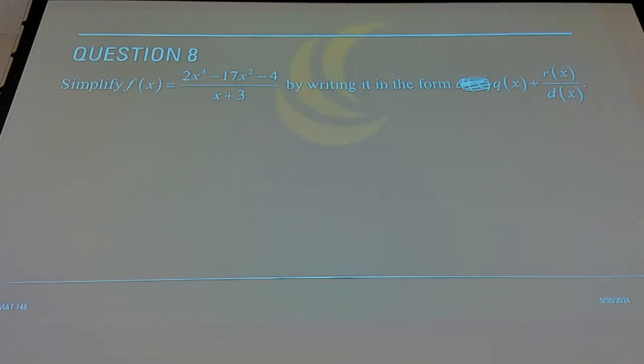Can we use synthetic? What is k then? Coefficients of the dividend.